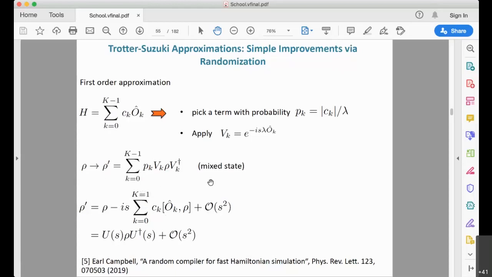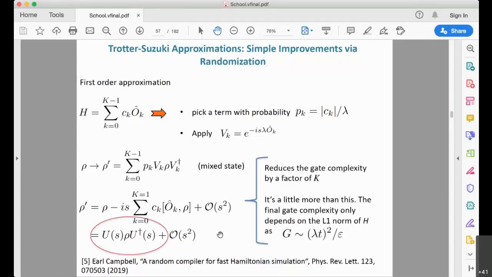I mean, you add the exponentials on the left and the right, and then I have something at order s squared. But I can rewrite this as saying I apply the actual evolution operator for a short time s to my state, and the approximation error was s squared. So this is, again, a first order approximation, all right? But that uses only one term of the Hamiltonian, all right? So it's a very simple idea and it works.